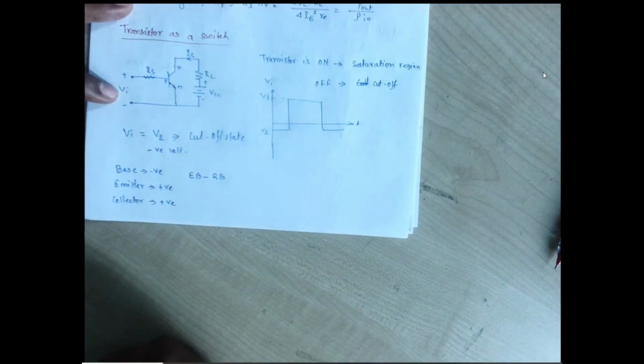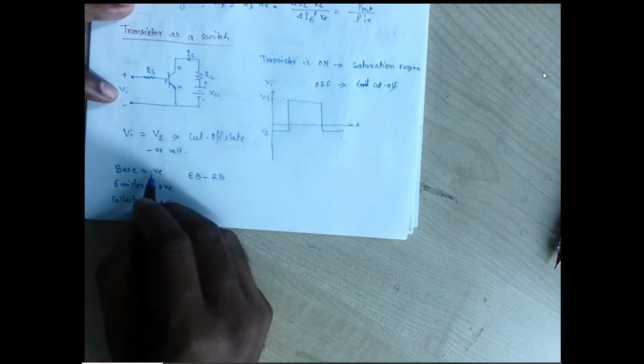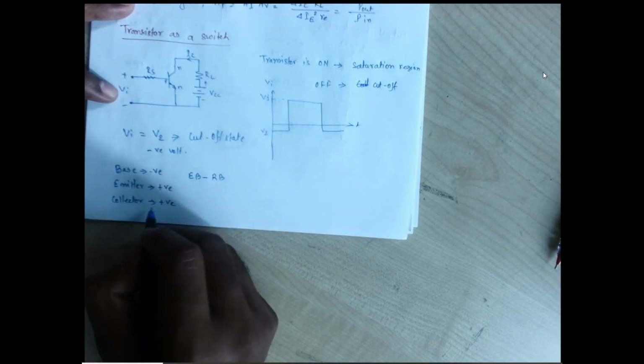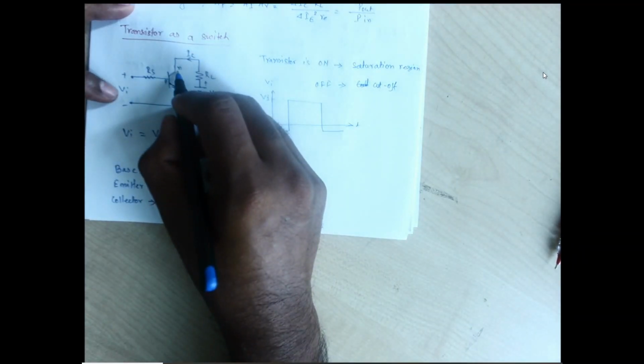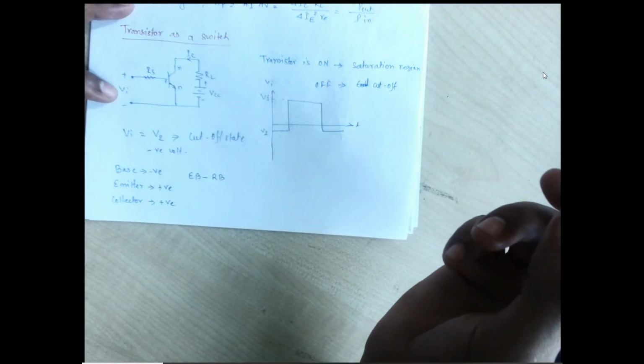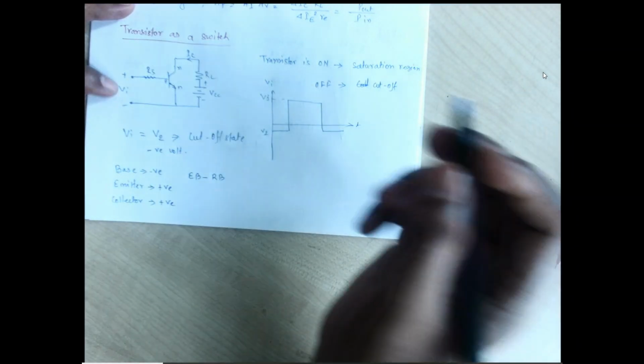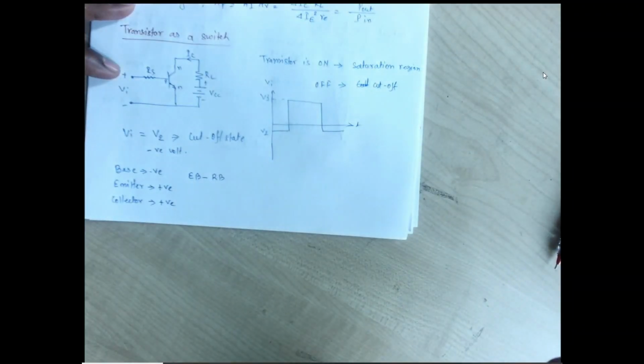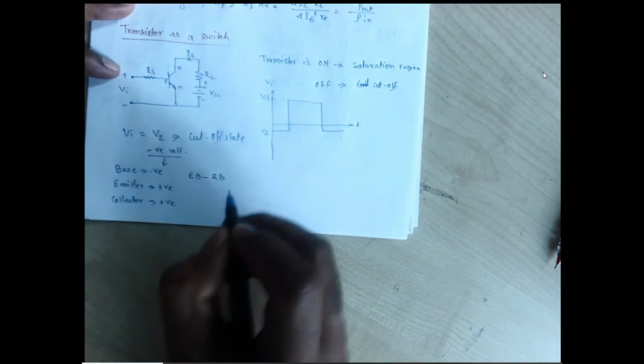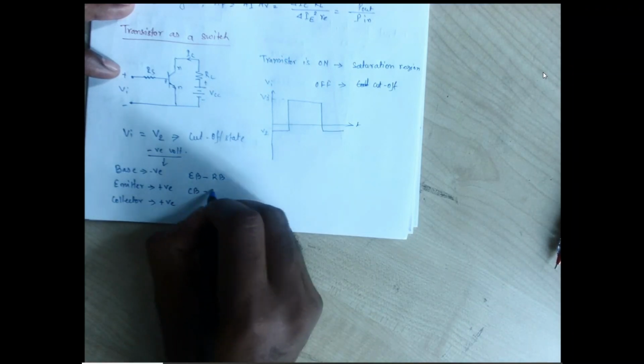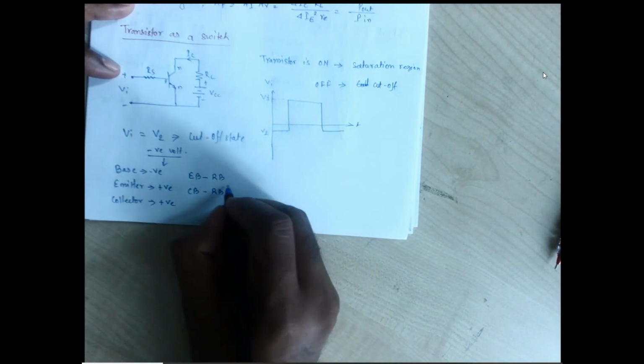Let us check the collector base junction. Base is negative, collector is positive. So negative is connected with positive, right? And the positive is connected with negative. So it leads to the collector base junction being in the reverse bias, that is, in the cutoff state.